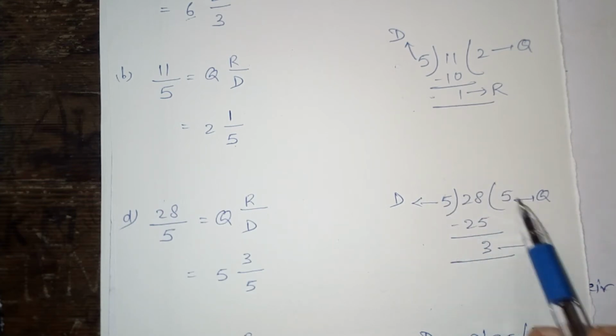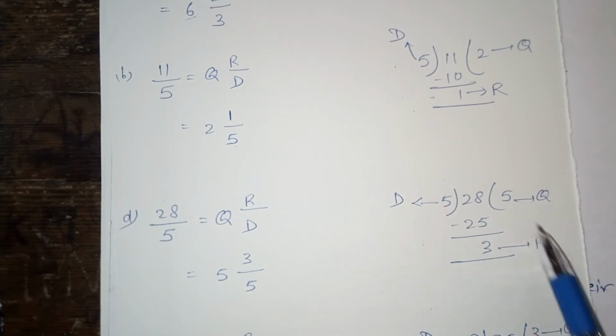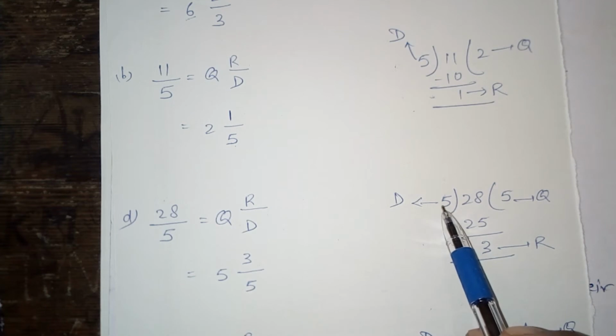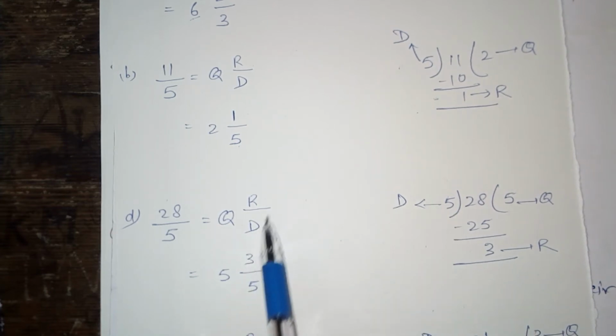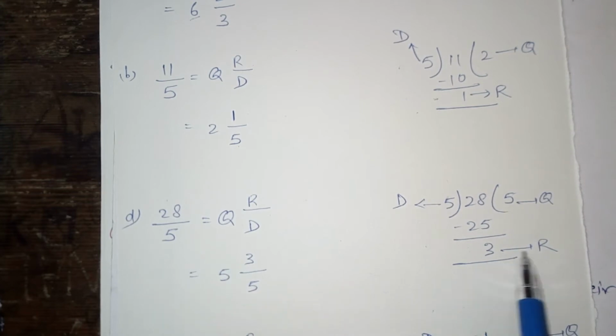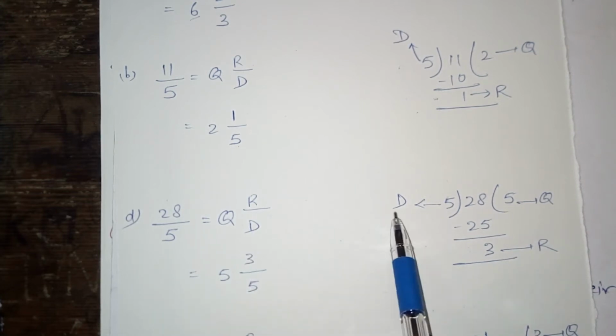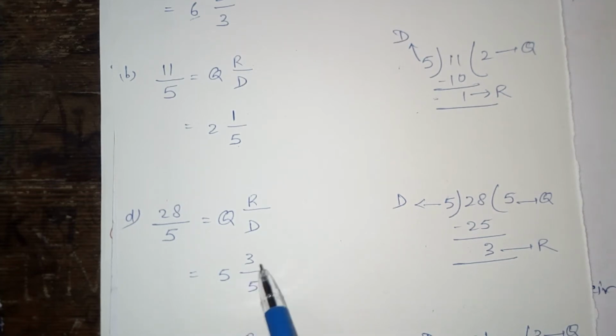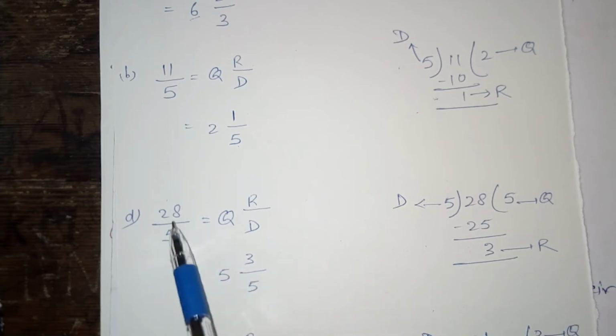In this division procedure, quotient is 5, remainder is 3, divisor is 5. So in the given formula we put in the numbers. As you are looking, quotient is 5, remainder is 3 and divisor is 5. So 5 and 3 upon 5 is the mixed fraction of 28 upon 5.